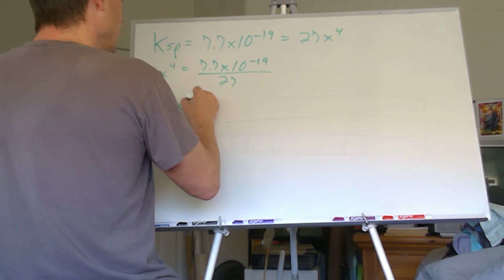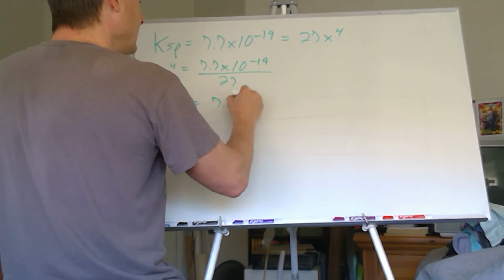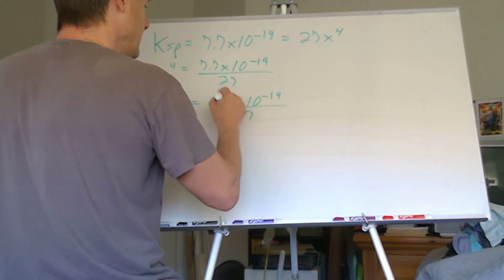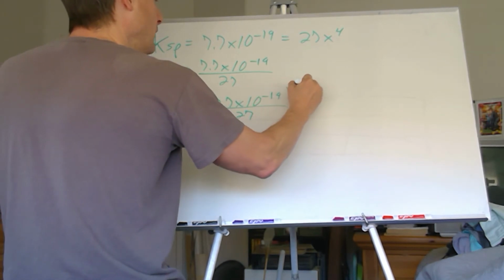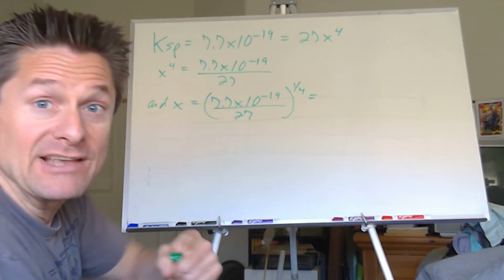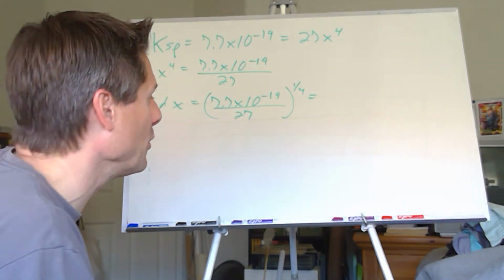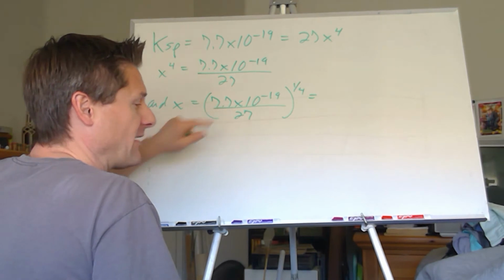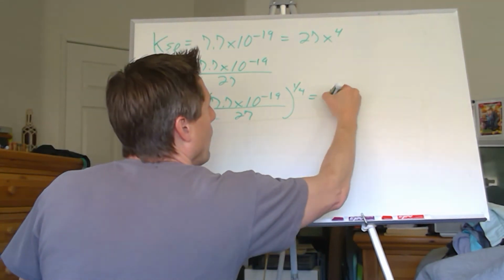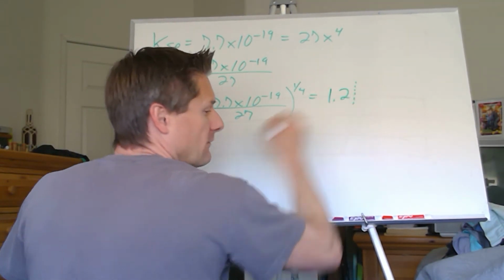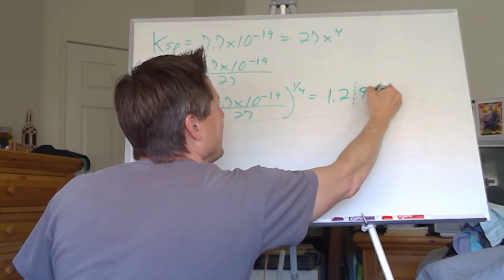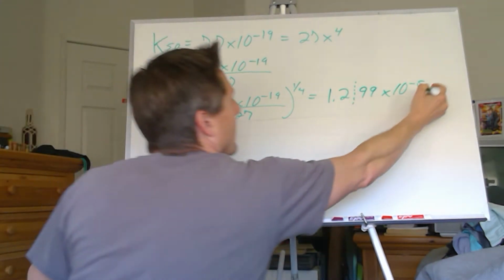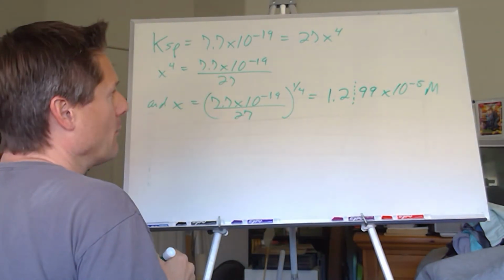So x will be 7.7 times 10 to the minus 19th divided by 27, to the 1/4 power, raised to the 0.25, your little caret symbol. That 27 is exact, so we get the 7.7 to 2 sig figs. I get 1.299 times 10 to the minus fifth, and that'll be molarity.